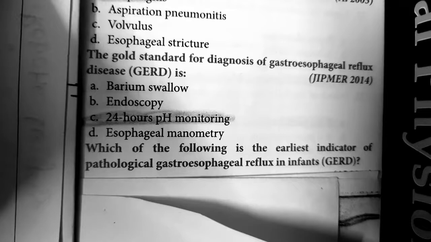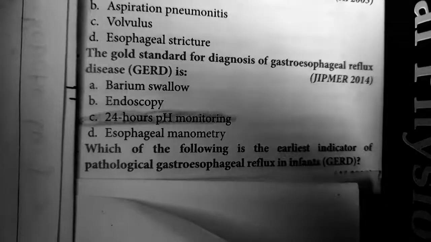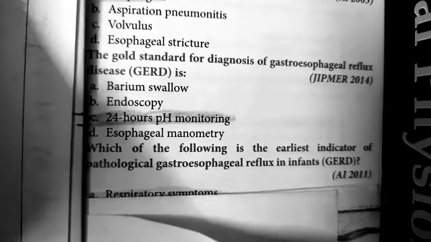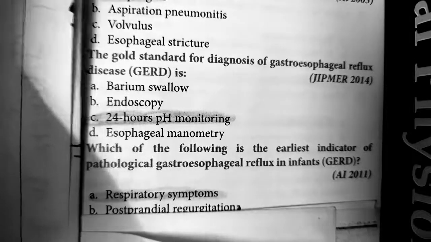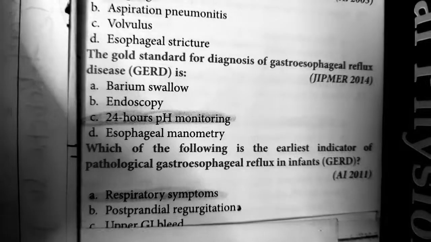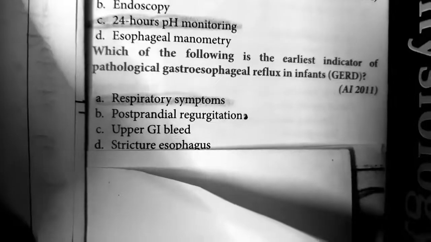In infants, the most common symptoms of GERD are failure to thrive and recurrent pulmonary symptoms. So recurrent respiratory symptoms are the earliest indicator of pathological gastroesophageal reflux in children, because infants cannot express symptoms of dysphagia or regurgitation, so respiratory symptoms are the first and foremost early indicator of GERD.